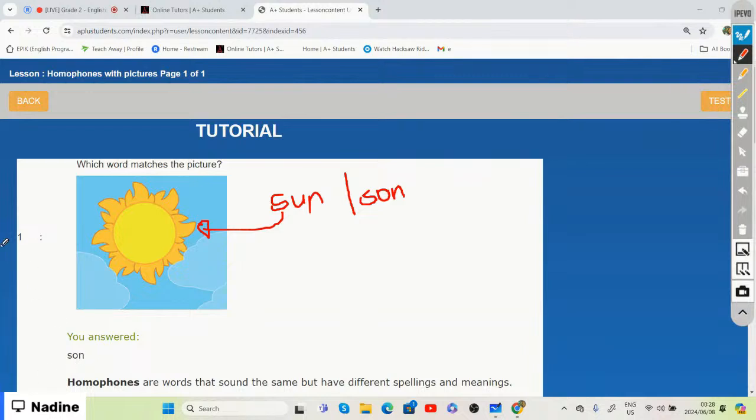So sun, as in the sun that's in the sky, and son, which is someone's boy child. And as you can see, if we look at these two words, they sound the same, but the spellings are different.